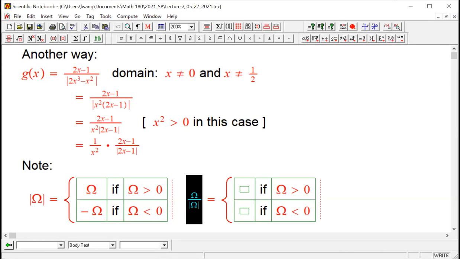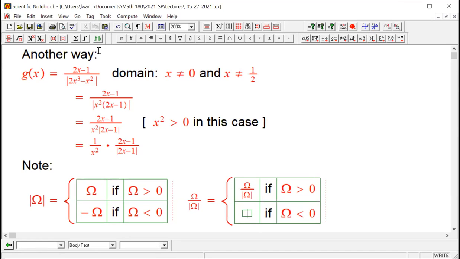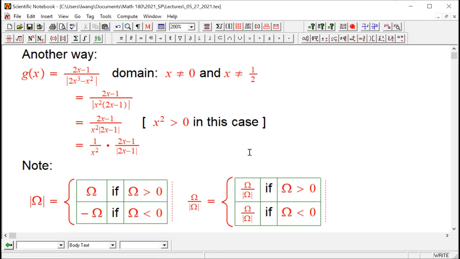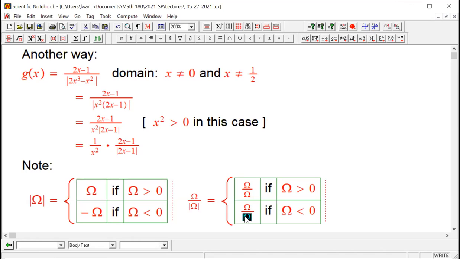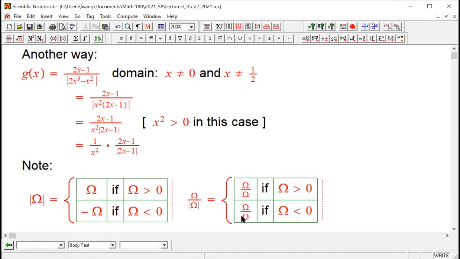So this guy will be here as is. But when omega is positive, the absolute value of a positive is the same as the number. The absolute value of a negative is its opposite. So this is a positive one, and this is a negative one. Yes?